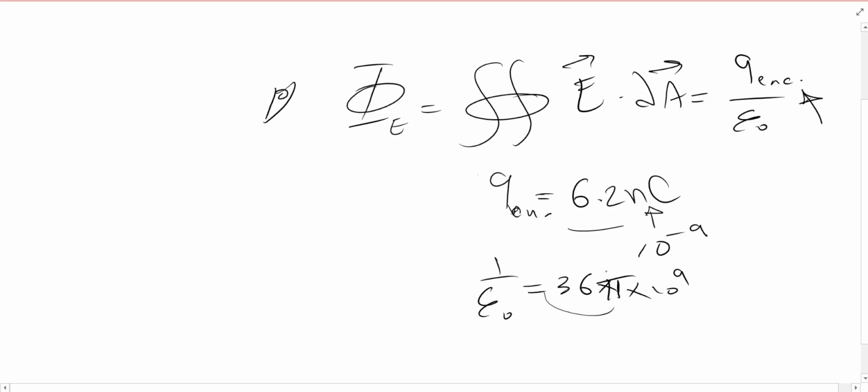So that's where the 10 to the power negative 20 was coming from, because you will have 10 to the negative 9 and then you put this one in the denominator. In other words, you were actually multiplying by epsilon naught, you were not dividing by epsilon naught.